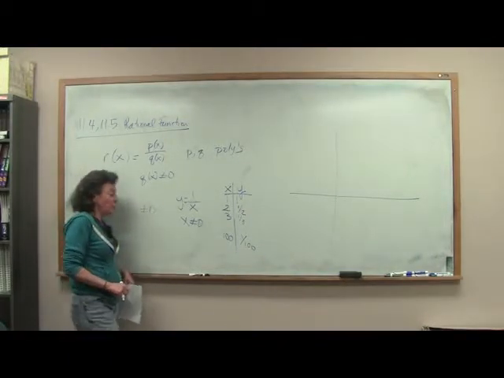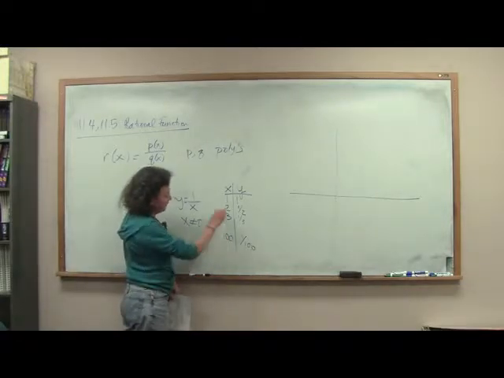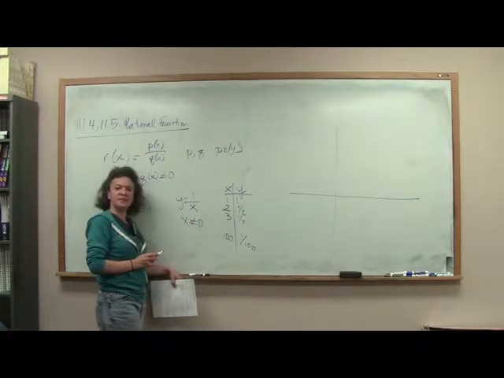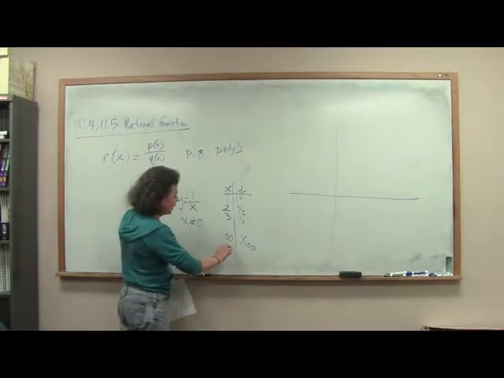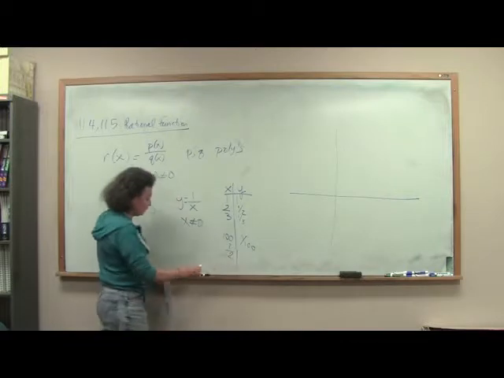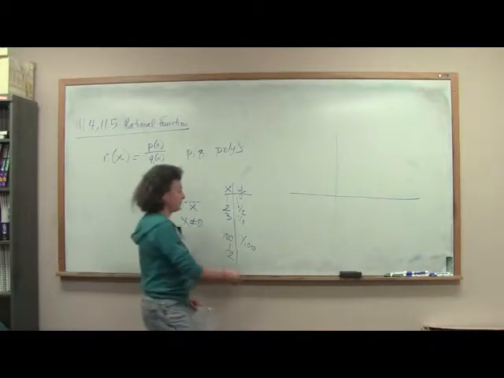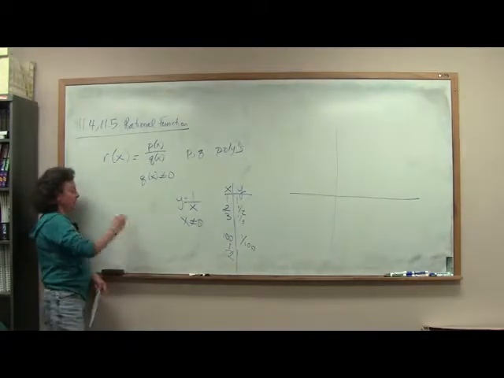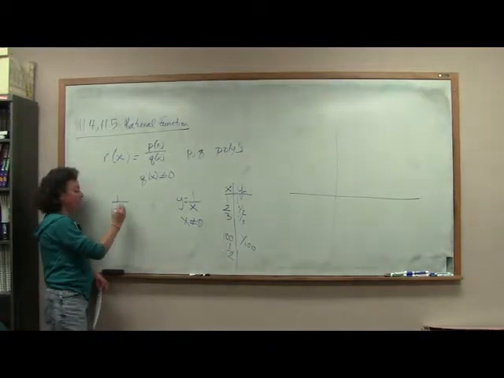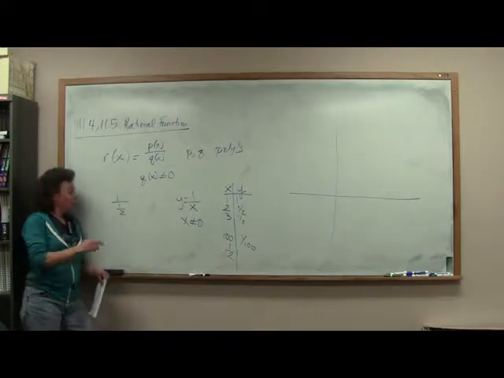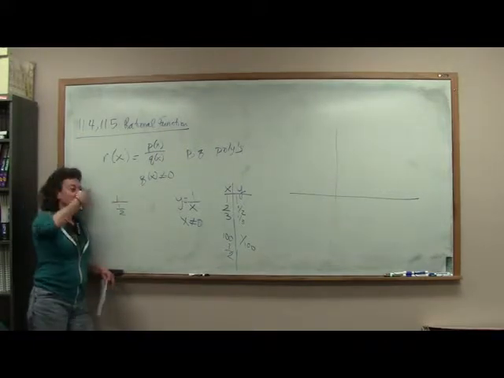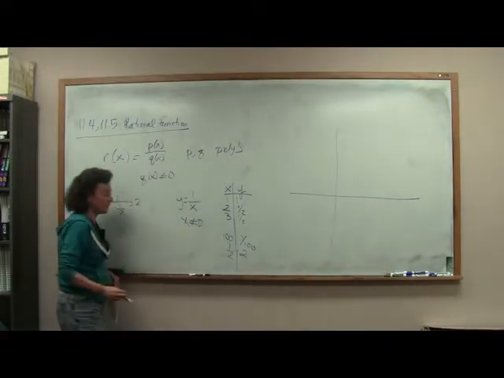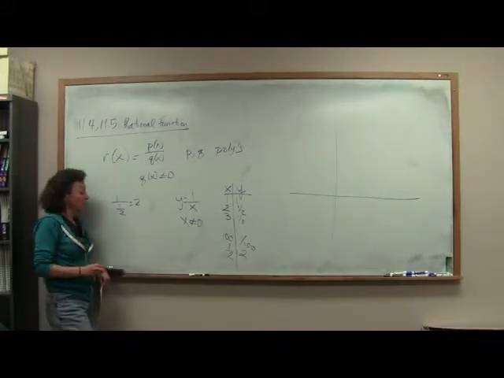All right, well, let me ask you this. It's curious. We couldn't plug in 0, but let's find out what happens as we get a little closer to 0. For example, suppose I want to plug in x equals 1/2. Well, I have 1 over 1/2. Remember, when you divide by a fraction, you multiply by the reciprocal, so 2 comes out. Wow!